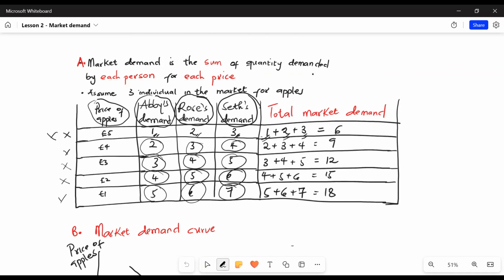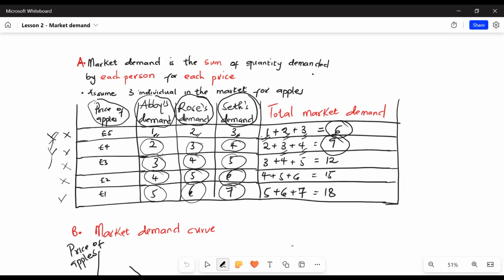If you add these 3 individual demands, you get a total market demand for apple, which is 6 apples at price 5. When price reduced to 4, Abby increased her demand to 2, Rose increased her demand to 3, and Seth increased his demand to 4. The sum of these 3 individual demands is 9 apples at price 4.